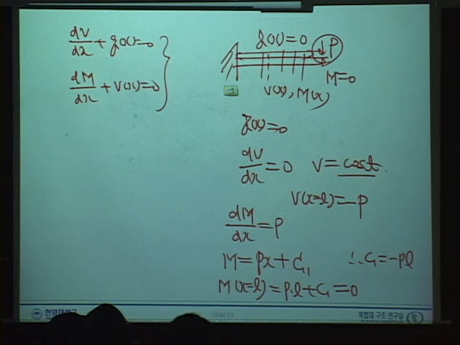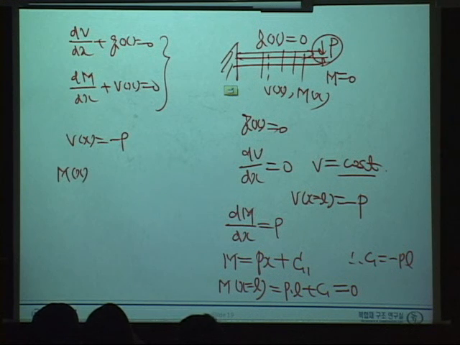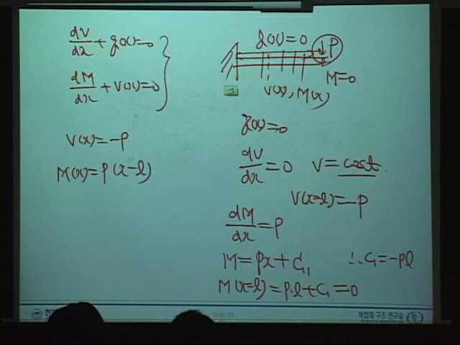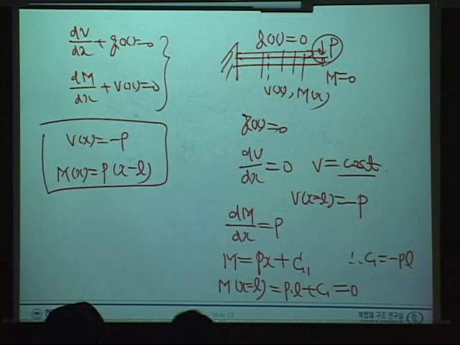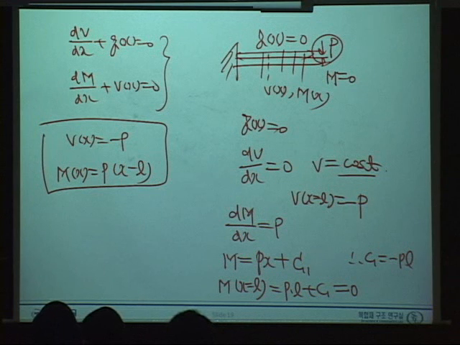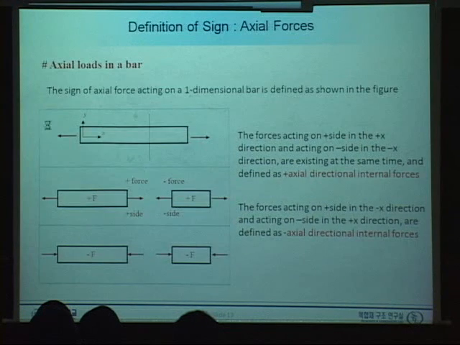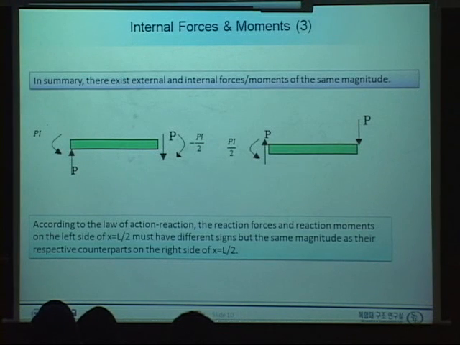So I will summarize here. V(x) is simply minus P, and M(x) is simply P(x minus L). That is the internal force distribution. Those are the internal force, shear force and bending moment, as a function of x. This should be the same as the one we obtained from this condition.